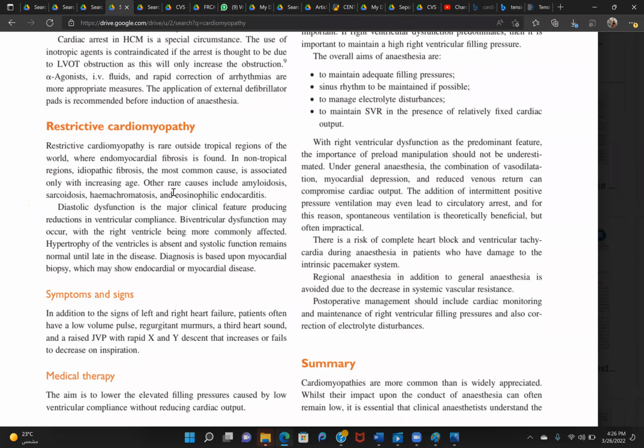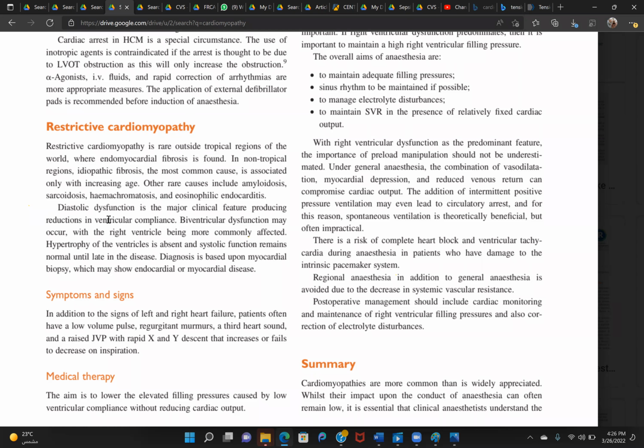In dilated cardiomyopathy, contractility will be decreased. We will just have a look at the hypertrophic as well, because in hypertrophic there is obstruction. In restrictive cardiomyopathy there are connective tissue disorders, in the form of amyloidosis, sarcoidosis, hemochromatosis. It starts from the relaxation.